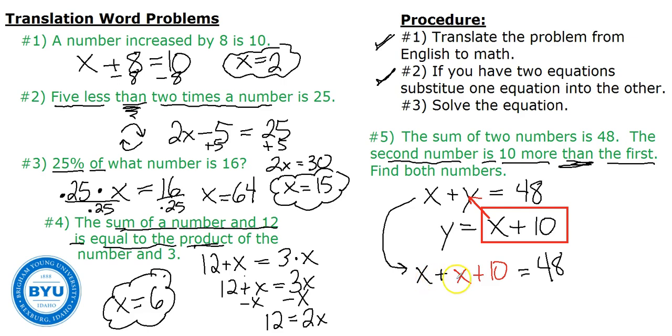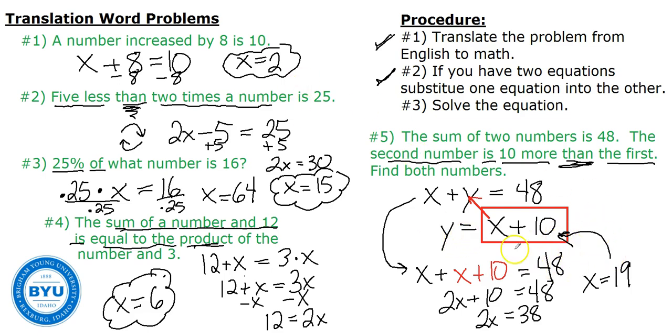Well then, add the x's together, you get 2x plus 10 equals 48. Minus the 10 over, I get 2x equals 38. So that means x equals 19. Now, we need to find y as well. So we'll go right back to the red box here and plug x equals 19 in. So we find out that y equals 19 plus 10. So y equals 29. These are the two numbers.